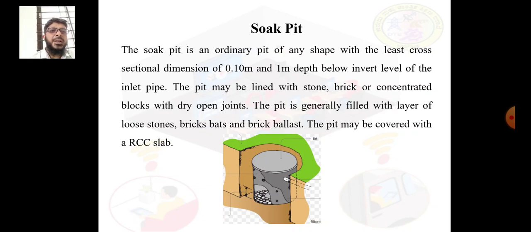The pit may be lined with stone, brick, or concrete blocks with dry open joints. The pit is generally filled with a layer of loose stones, bricks, bats, and brick ballast. The pit may be covered with an RCC slab. Below you can see a sketch of a soak pit.